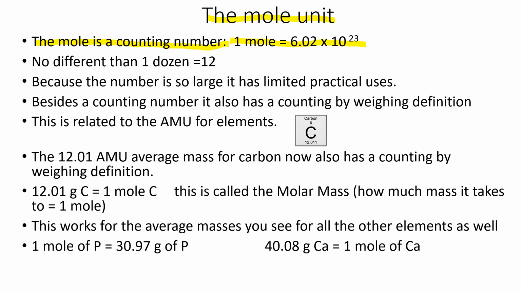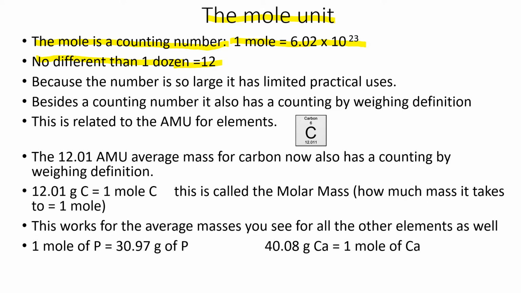The reason why it's such an incredibly large number is because the things you're counting with moles, atoms and molecules, are so incredibly small. But the mole is still a counting number. And if we really think about it, the mole acting as a counting number is really no different than other counting numbers we're dealing with. When we say a dozen, we mean 12. It doesn't matter what that dozen is of.